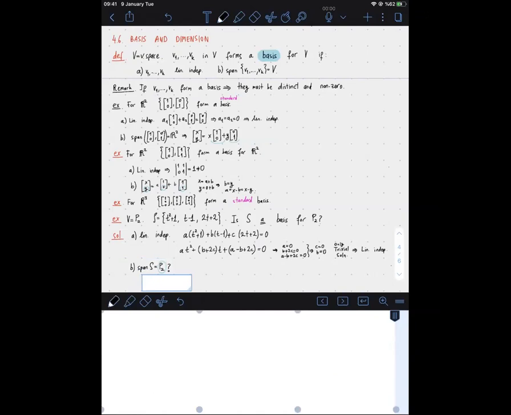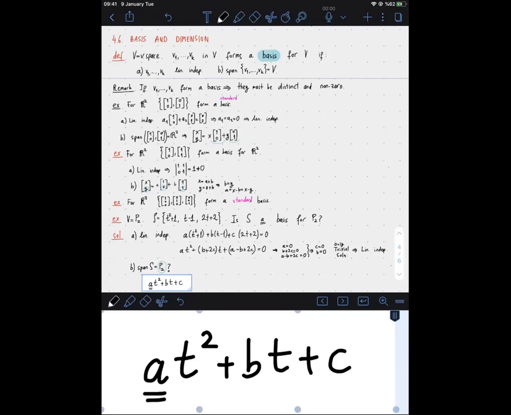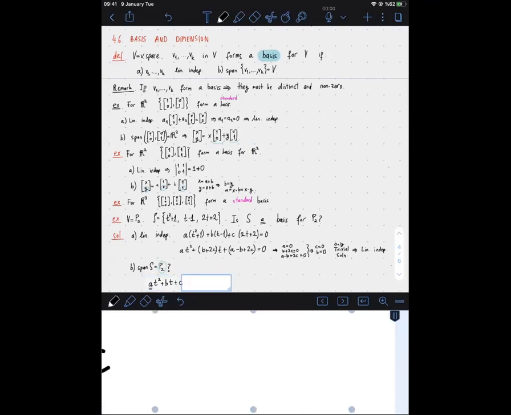What does it mean? I have to take the coefficients arbitrarily, like At squared plus Bt plus C, something like this. This represents all the polynomials in P2 because A, B, C are undetermined right now.